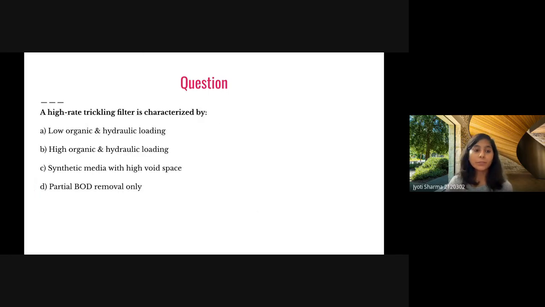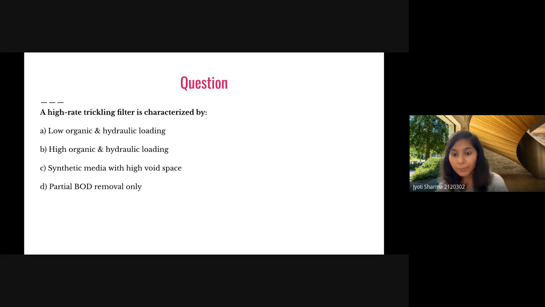Okay, so the next question is, a high rate trickling filter is characterized by low organic and hydraulic loading, high organic and hydraulic loading, synthetic media with high void space, partial BOD removal only.